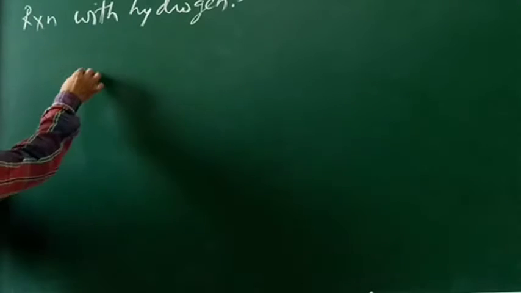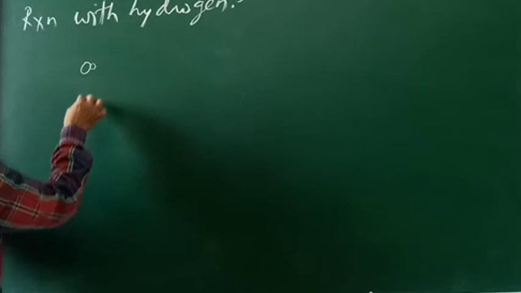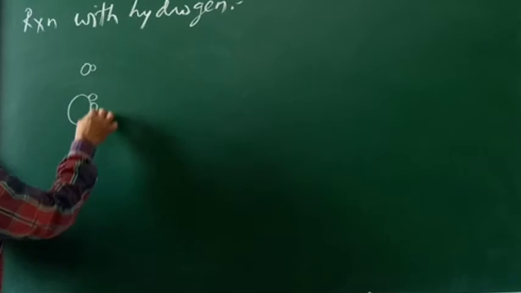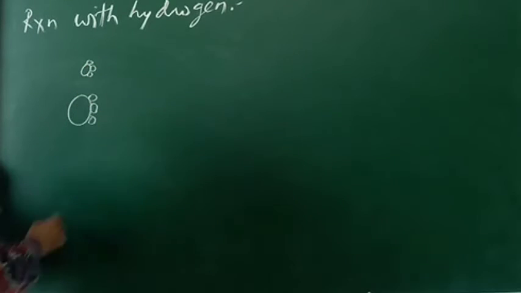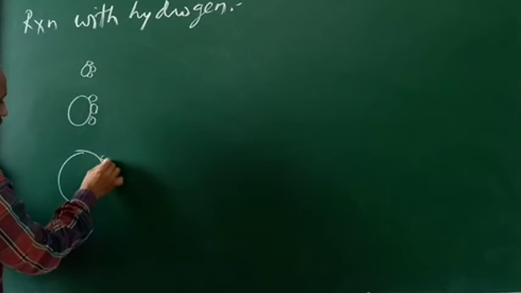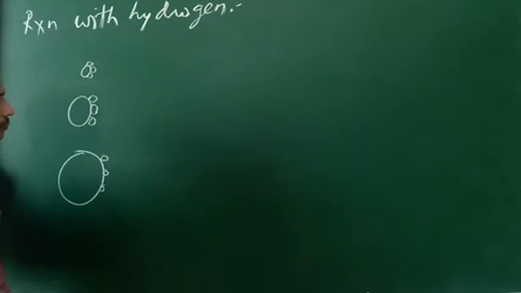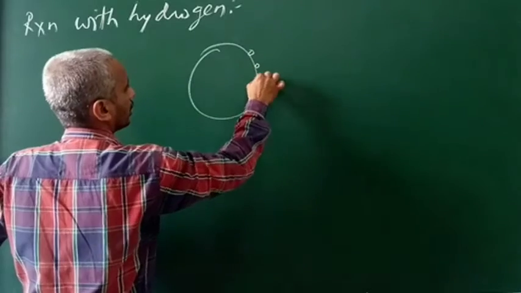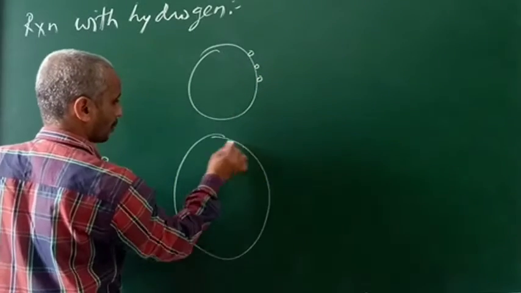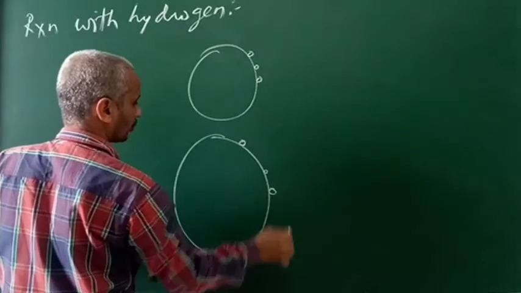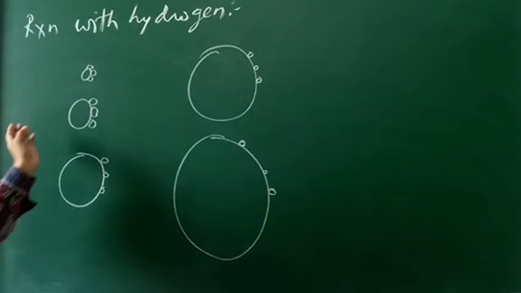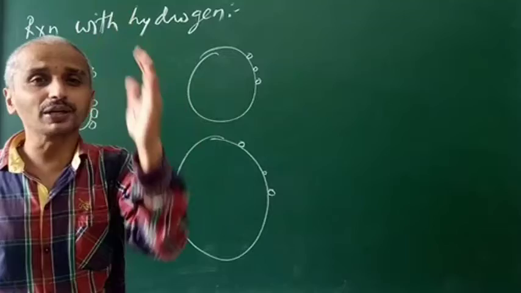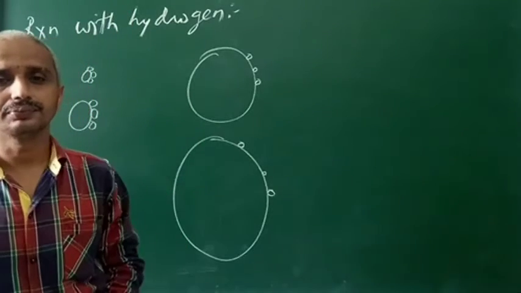See, nitrogen hydrogen, phosphorus hydrogen, arsenic hydrogen, antimony hydrogen, bismuth hydrogen. What happened there? Size becomes bigger and bigger, which means the bond length becomes greater and greater.